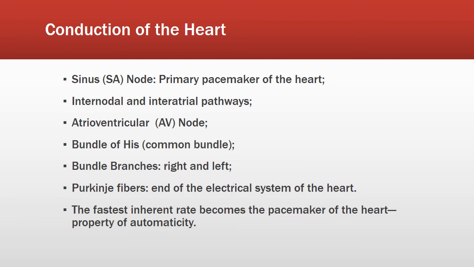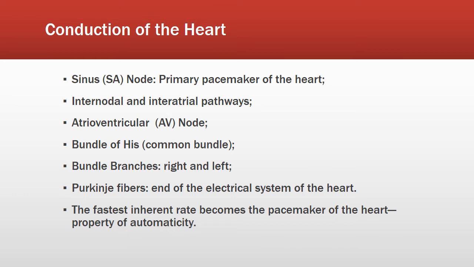The bundle of His includes bundled fibers extending from the AV node and is located at the top of the intraventricular septum, and this area is considered to be a part of the AV junction. This area facilitates electrical conduction between the atria and the ventricles. Inherent rate of the ventricles is less than 40 beats per minute. The bundle branches consist of the right and left division, which conduct impulses rapidly to the Purkinje network.